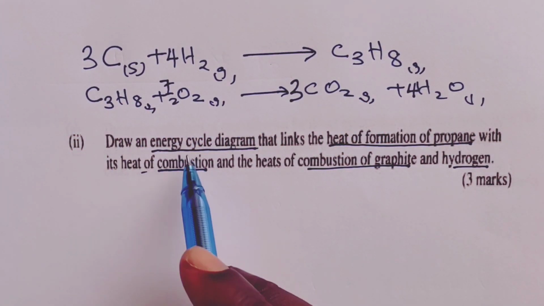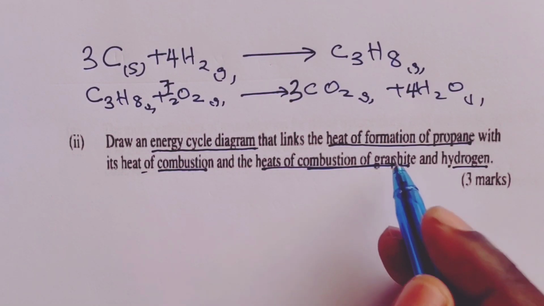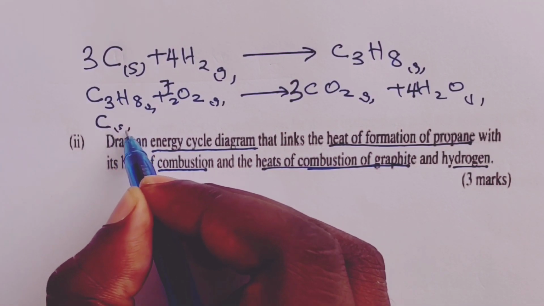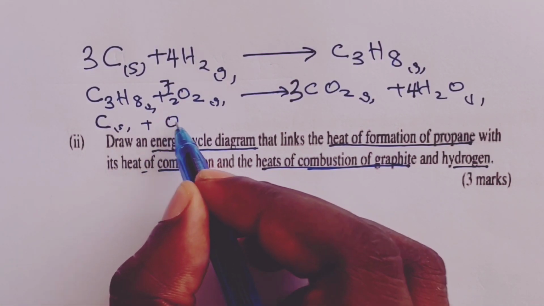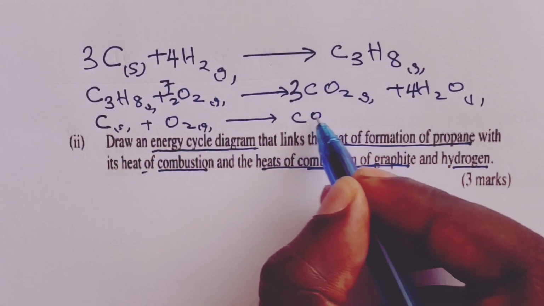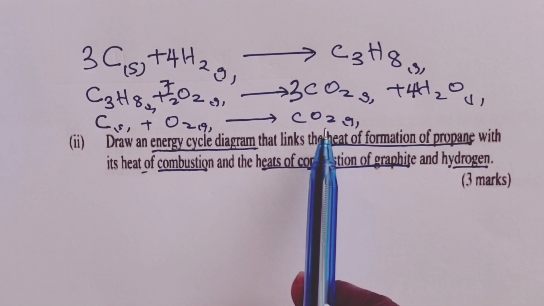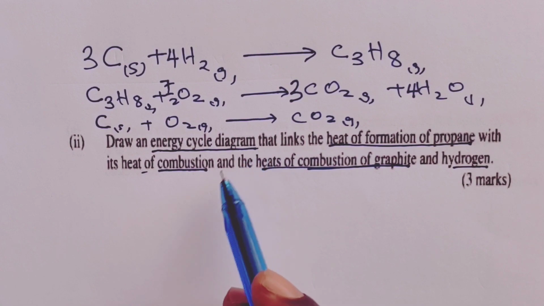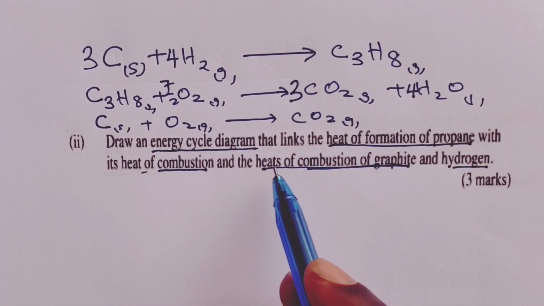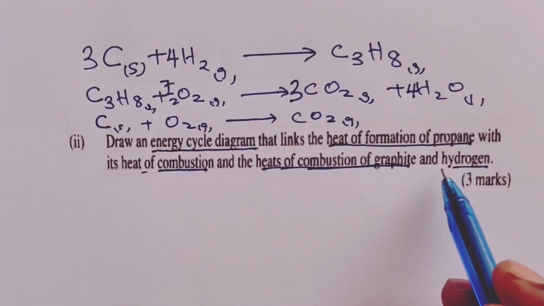The next heat type mentioned in our question is the heat of combustion of graphite. And here we shall have carbon, because graphite is carbon, being burnt in excess oxygen to give our carbon dioxide. This balances out, so we don't have to do the balancing. Finally, we are supposed to write the equation for heat of combustion of hydrogen.